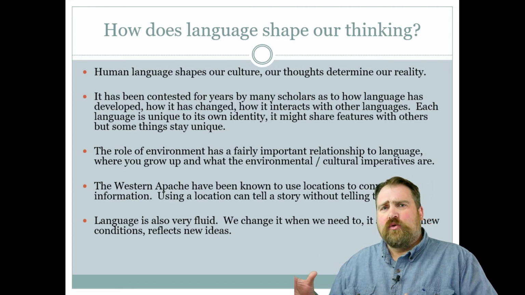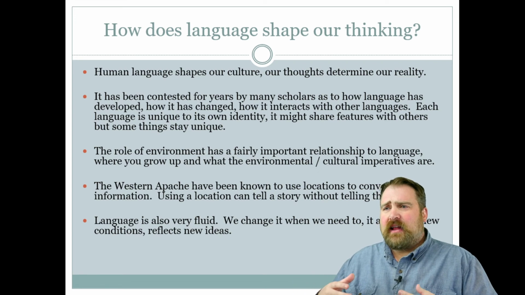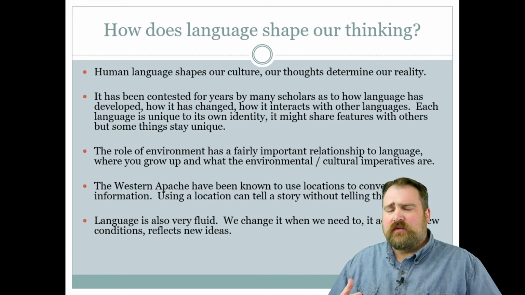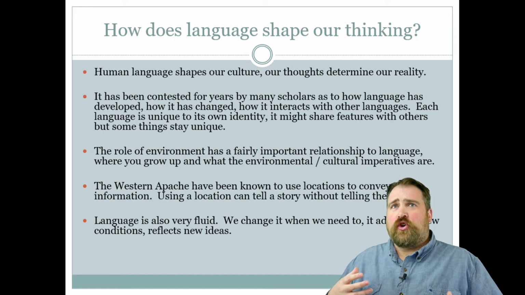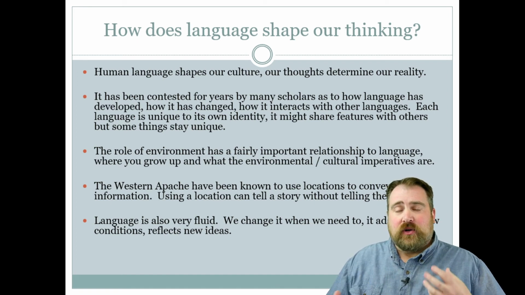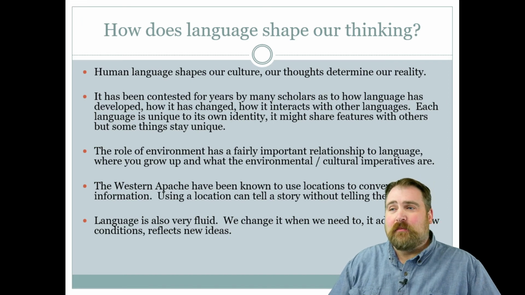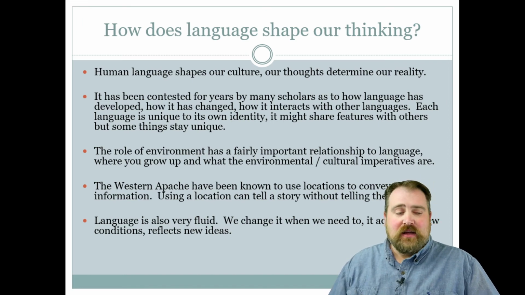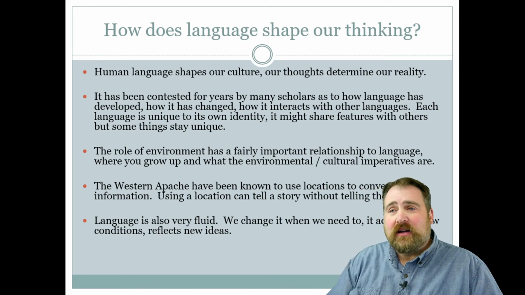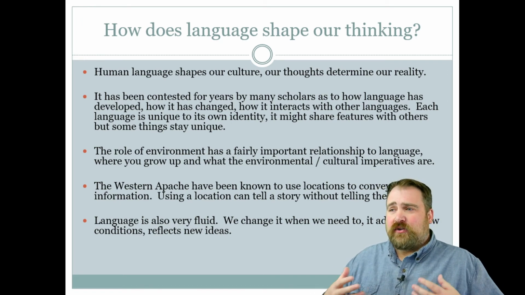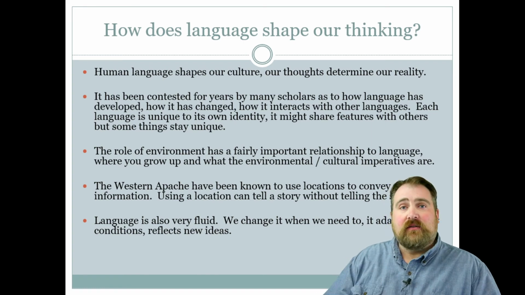But for the Inuit, those 40 different ways of describing snow might help them determine what's safe or not safe, right? If they see a particular type of snow falling down, they know that bad weather is on its way. It might be able to give them an understanding and help them survive.